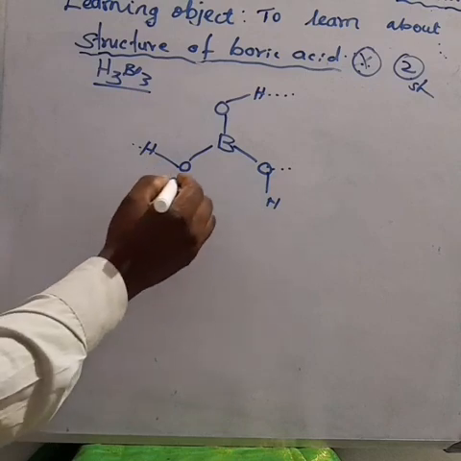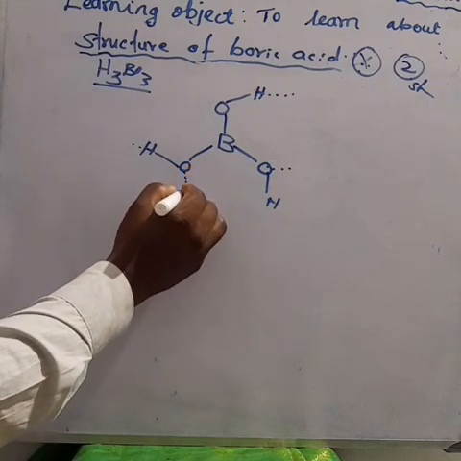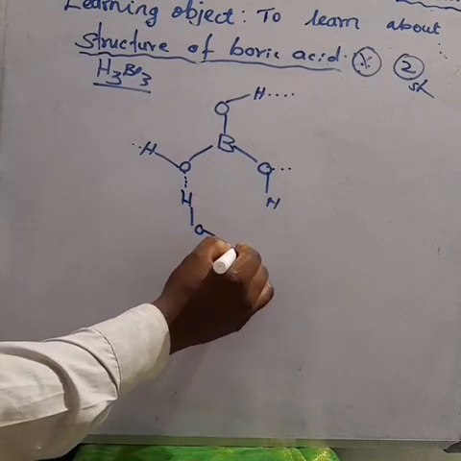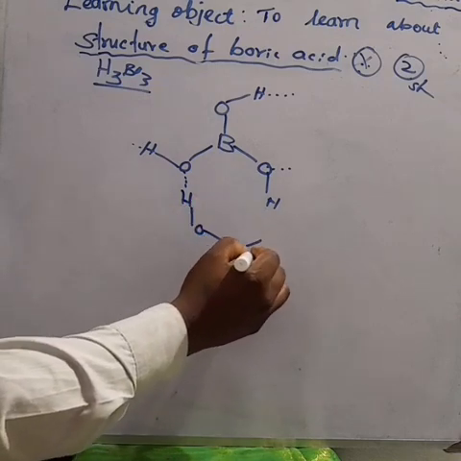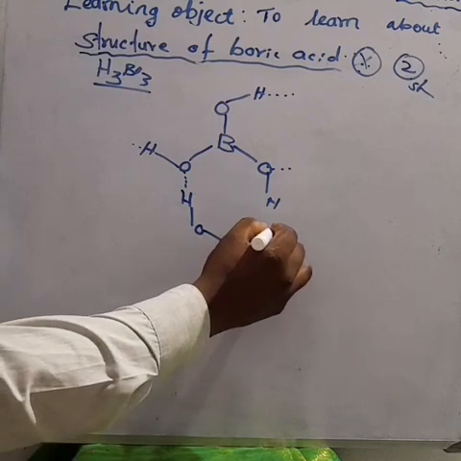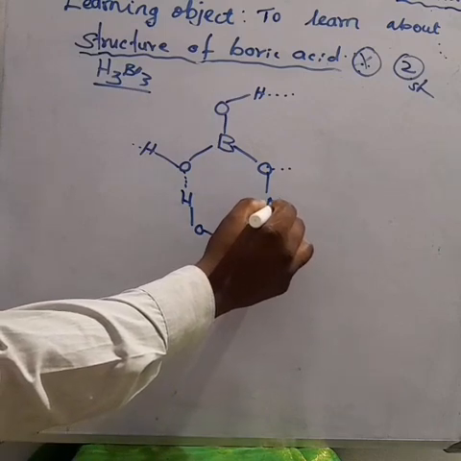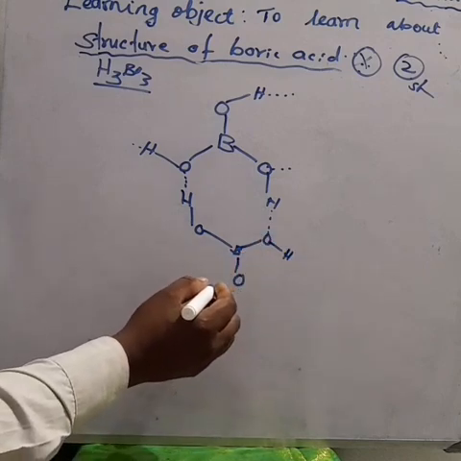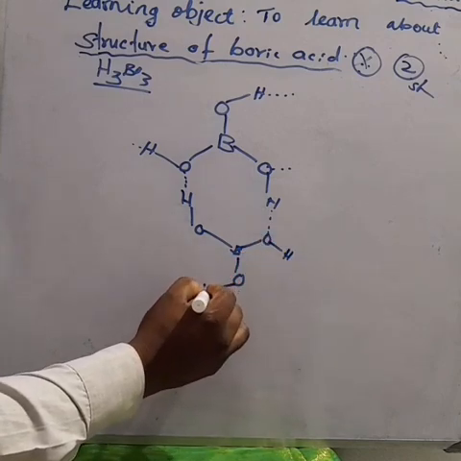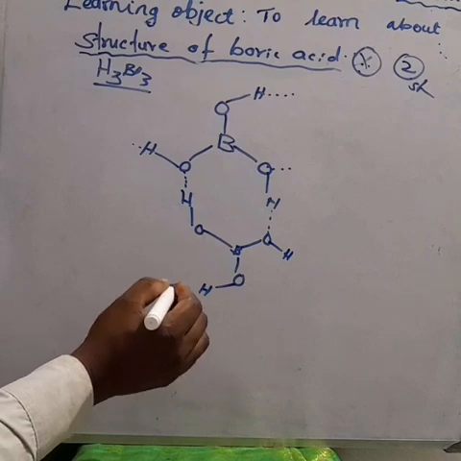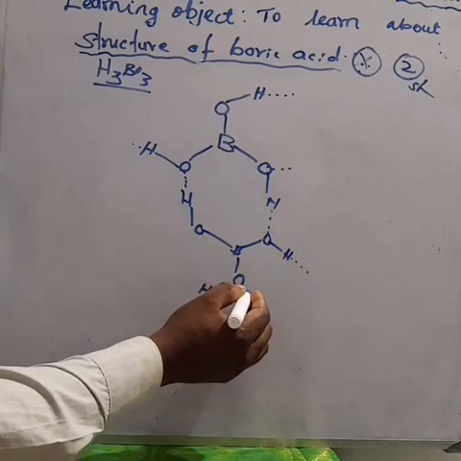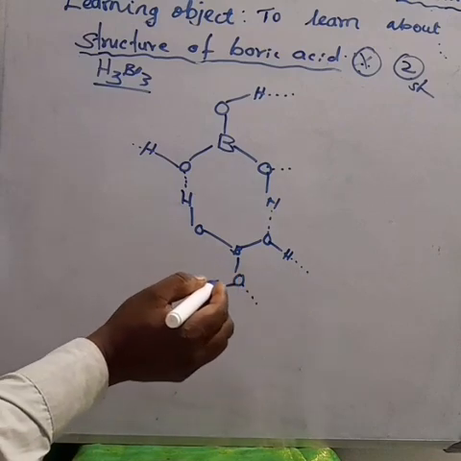Next I am drawing the next boric acid, starting with hydrogen, next oxygen, next boron, next oxygen down, next oxygen on the side. Each oxygen atom is attached to hydrogen. Each hydrogen has one weak bond. That is the second boric acid.